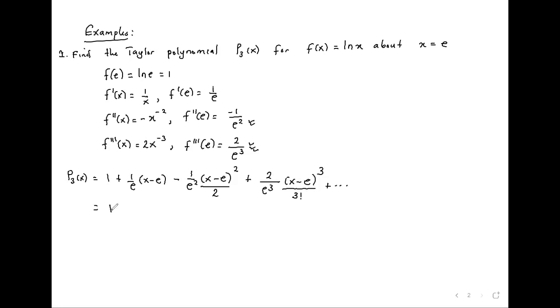So this is 1 plus 1 over e times x minus e, minus 1 over 2e squared times x minus e squared, plus 2 over 3 times 2, so we can just write 1 over 3e cubed times x minus e cubed, like that.